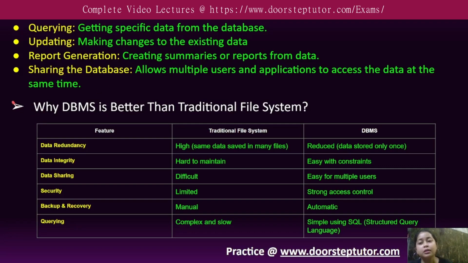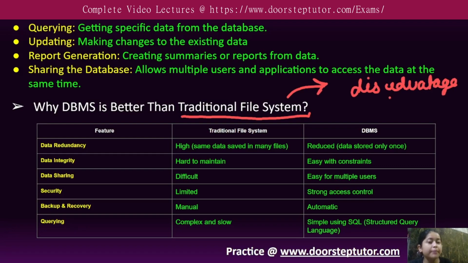Now, why is a DBMS better than the traditional file system? Traditionally we were also managing things. Then why did the need for a database management system come? Because in the traditional file system there were many disadvantages, and these disadvantages come as advantages to the DBMS.